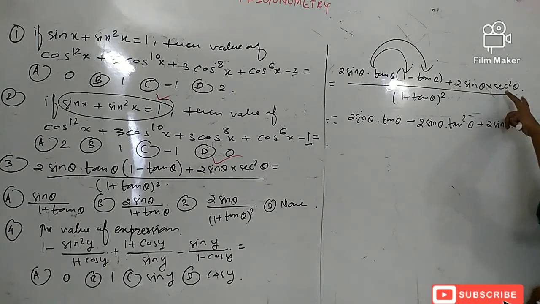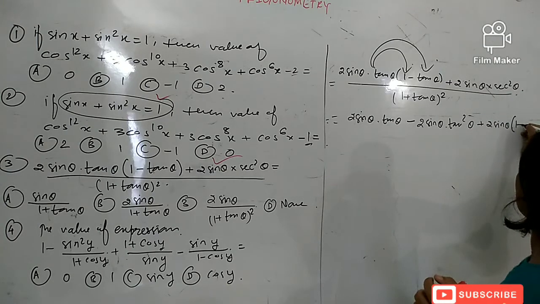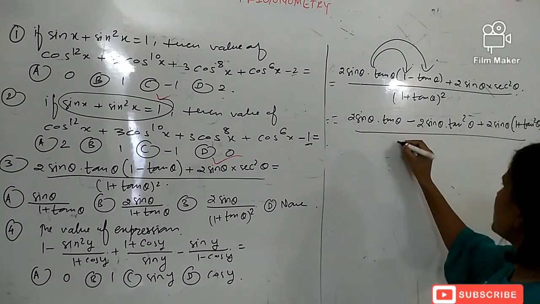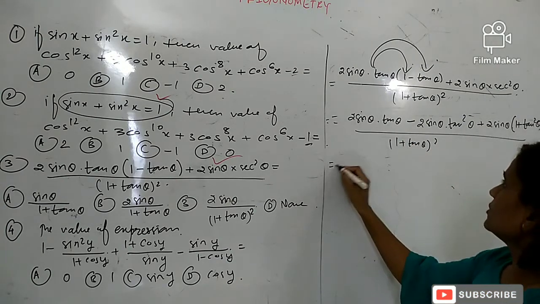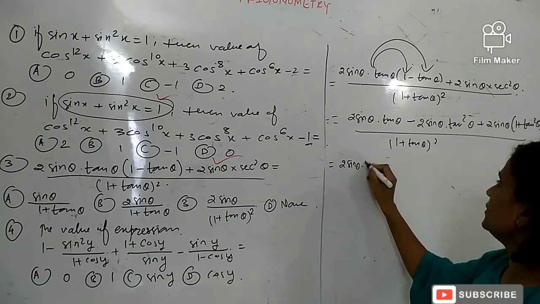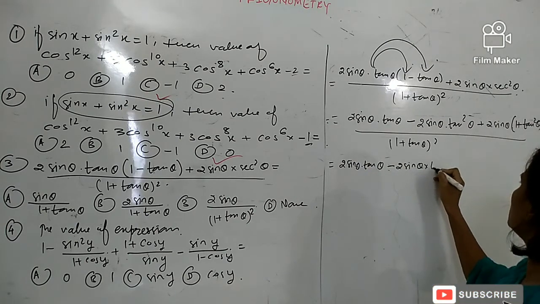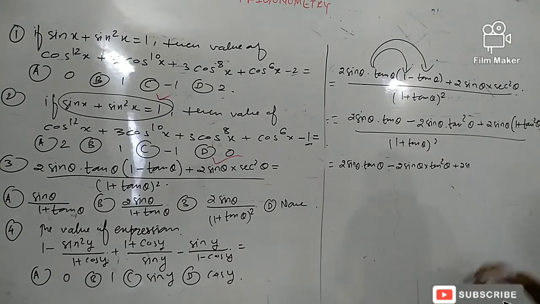There is a sec value, and I can write sec in terms of tan. Sec square theta is 1 plus tan square theta. And write the denominator as it is, 1 plus tan theta whole square. So 2 sin theta tan theta as it is, minus 2 sin theta tan square theta as it is, plus 2 sin theta. Now multiply this 2 sin theta inside the bracket.